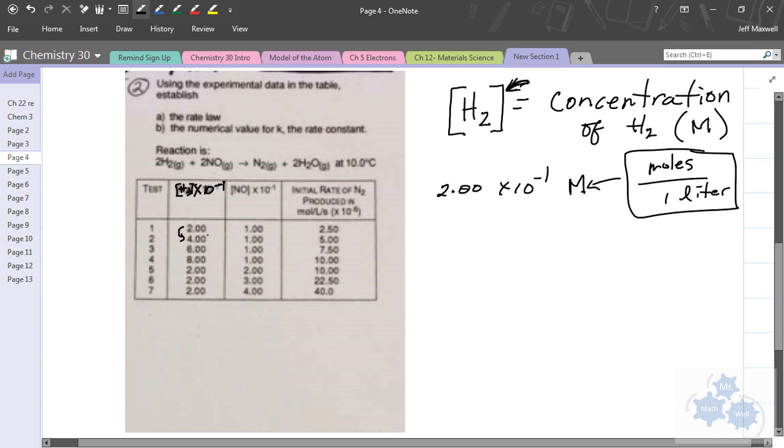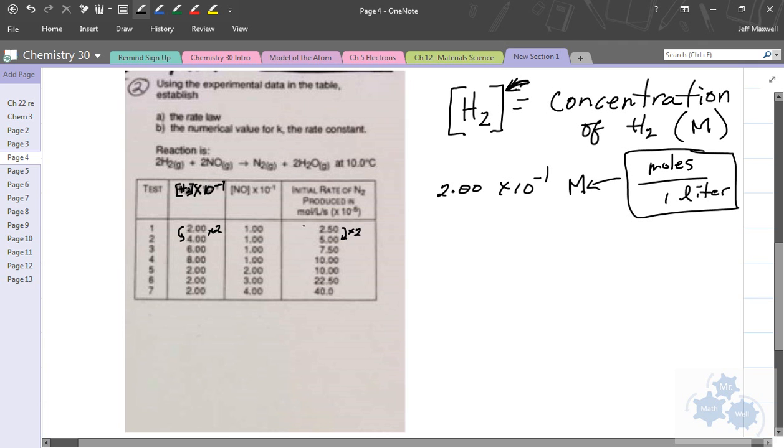We're going to double this, and I'm going to write here times 2. This is how I'm going to model this for you, kind of what I do on these charts, times 2. And then what happens to the rate here? It goes from 2.5 times 10 to the negative 5 molar per second to 5. So that is doubling as well, right?